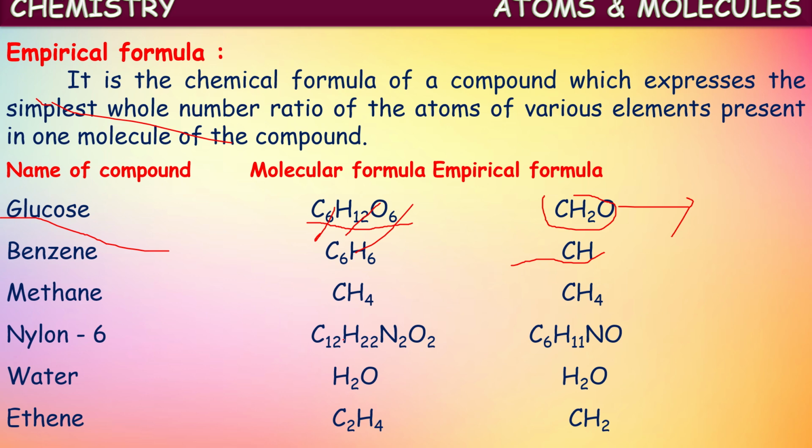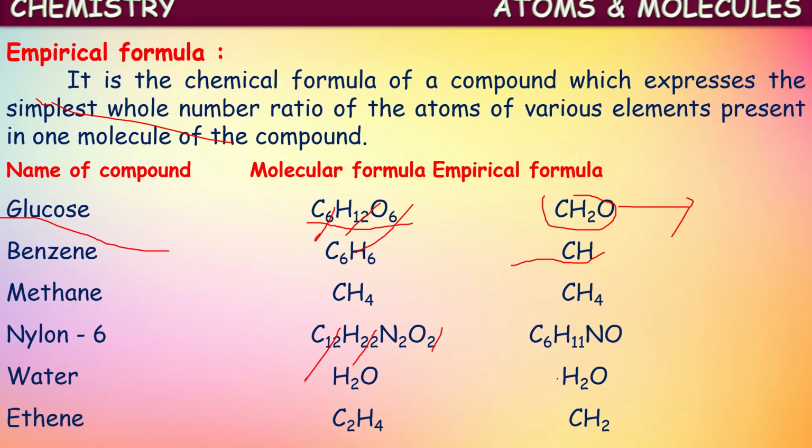Nylon 6, C12H22N2O2. Simplest whole number ratio, what is it? 2. 2 sixes are, 2 twelves are, 2 elevens are, 2 ones are, 2 ones are. So therefore C6H11NO.